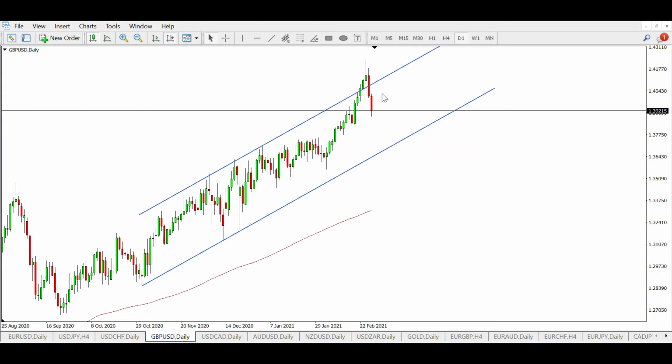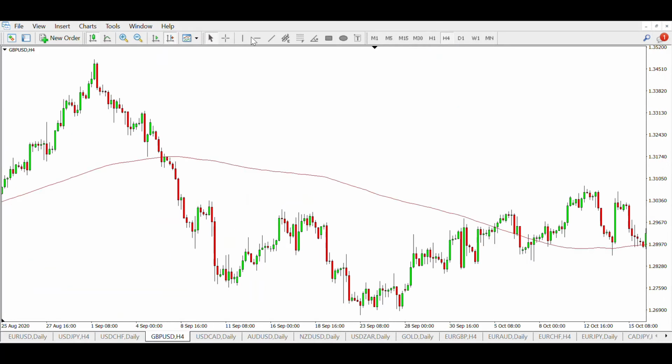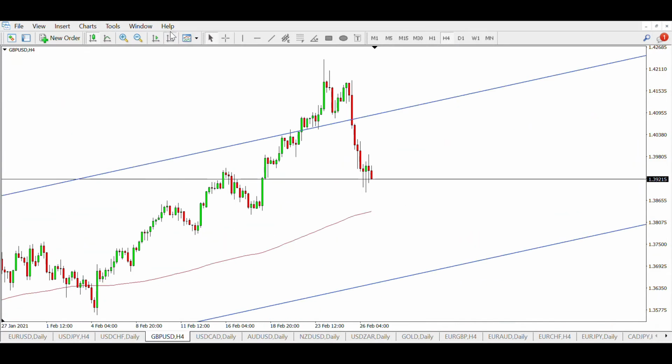Now with price falling back down, right, falling back into the channel, that doesn't mean I should be falling for the sell, because if I have to do this, and I can promise if I go to the 4-hour time frame, I can analyze for that sell very quickly. Low point, follow other low points.